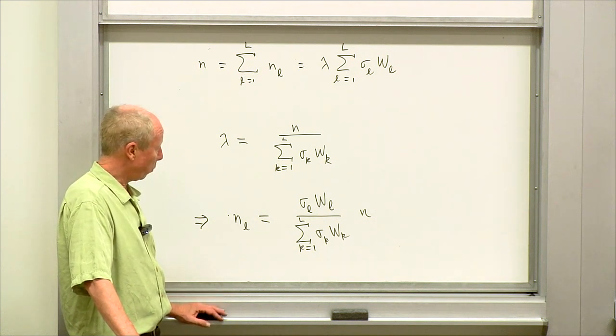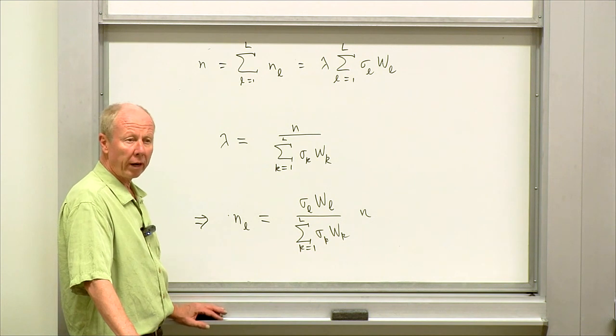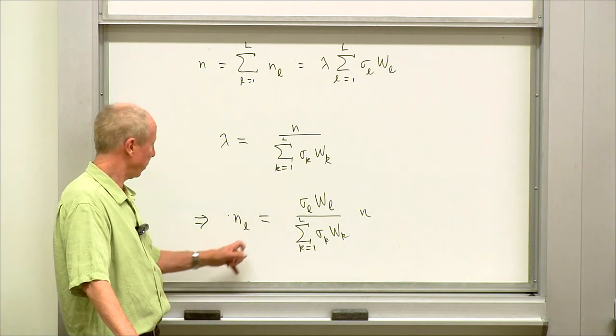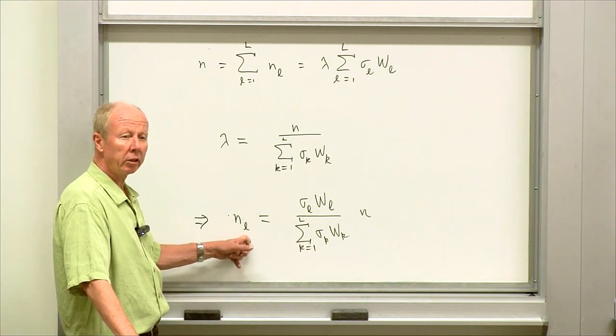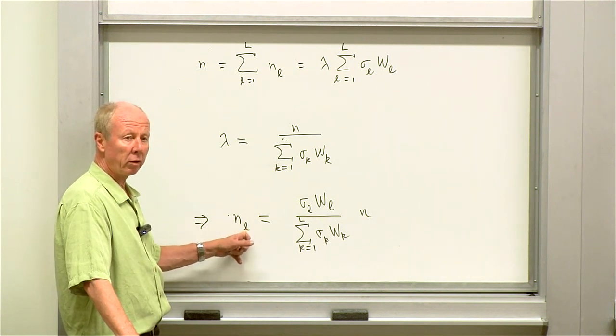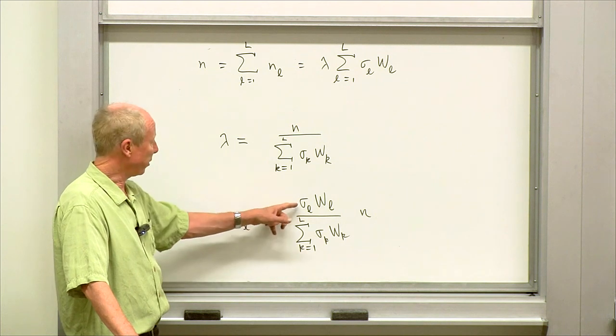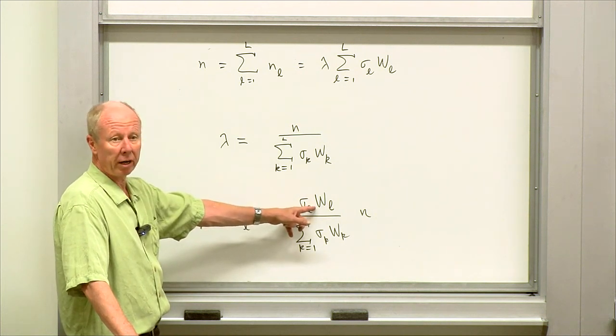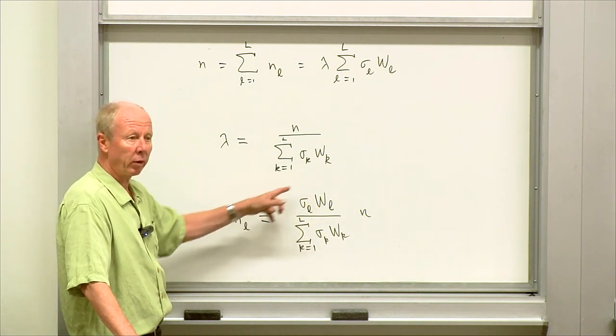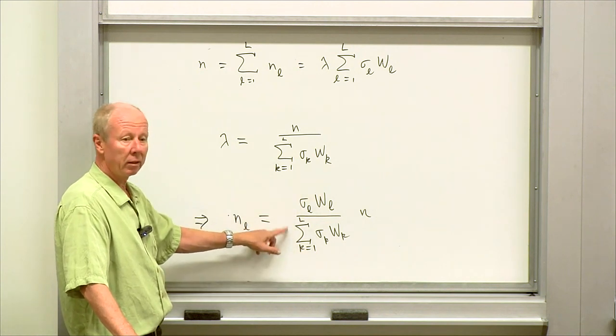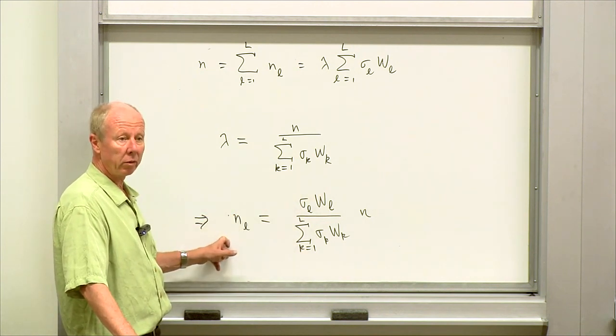So would all strata have the same sampling size to get an optimal variance? In other words, a small variance? No. If the variance is big and the population size is big in such a way that this is a big number compared to that, then this would be big, right?